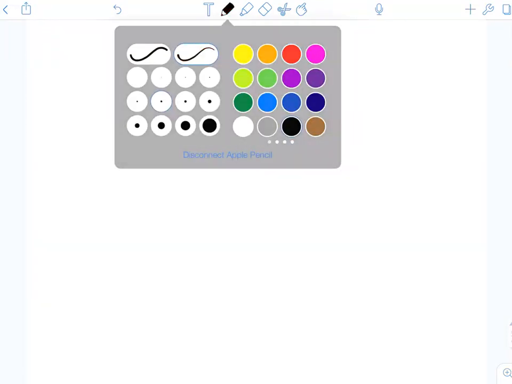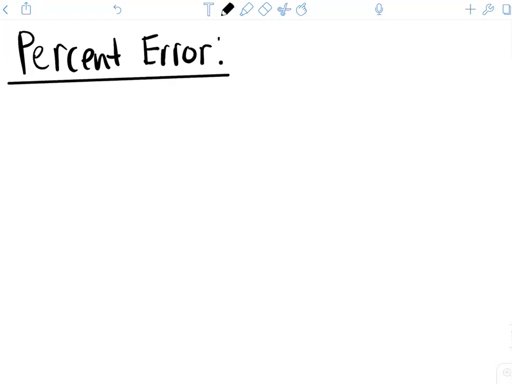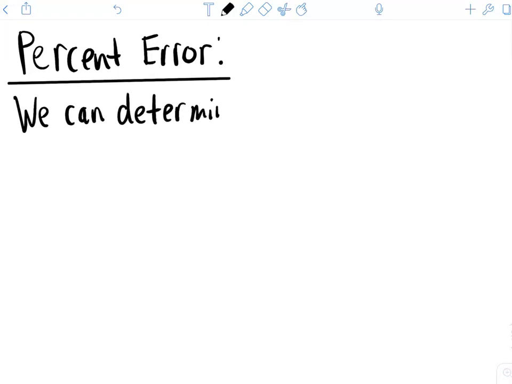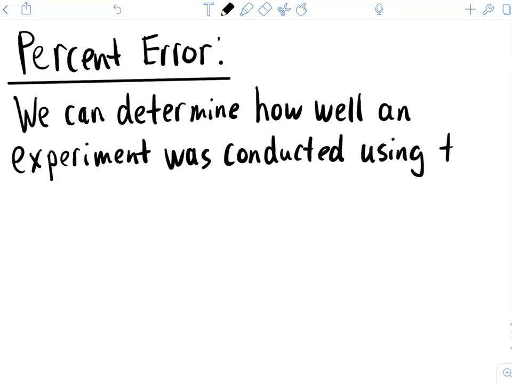With percent error, we can determine how well an experiment was conducted using the percent error equation.